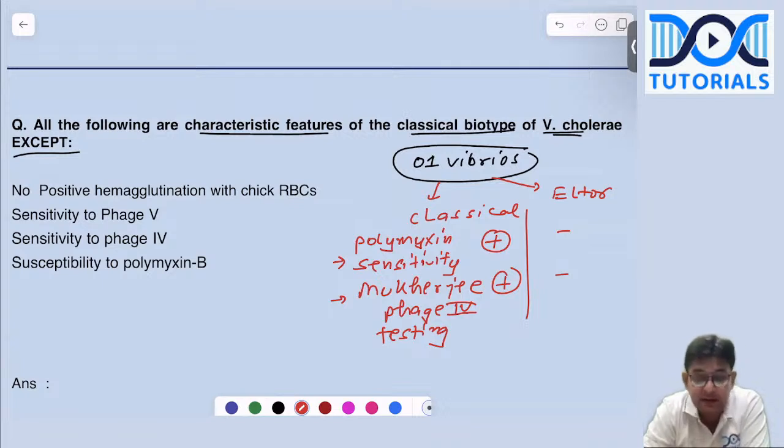Polymyxin resistant is El Tor, and Mukherjee Phage 4 does not eat the growth of El Tor. It eats up the growth of classical.